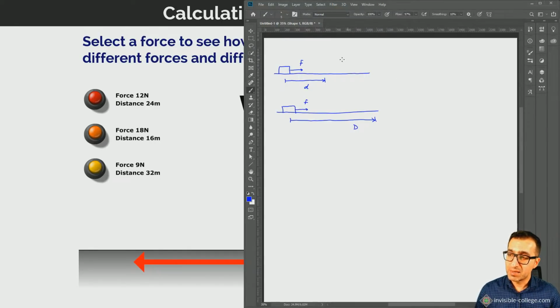Now let's take the first situation again. Let's think about this same situation, but this time, rather than expending a relatively low force, you push with a much larger force. So let's call this capital F. But again, you're moving the same distance that you were before, a relatively short distance. Let's call this lowercase d.